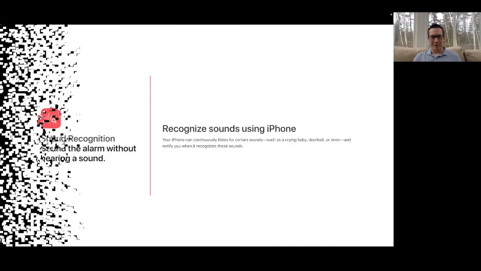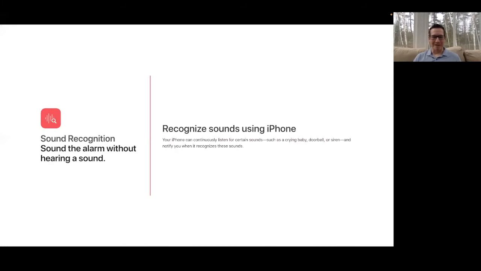And this is something new. I didn't know about this one. I played around with this one last night. Sound recognition. You can program your phone to listen for certain sounds, like a baby crying, a doorbell, a siren. And then your phone will alert you when it hears it. There's a bunch of things you can pick, and one of them was a cough.